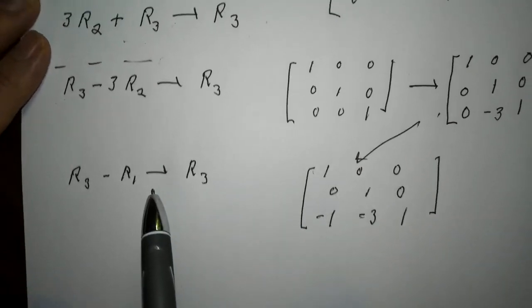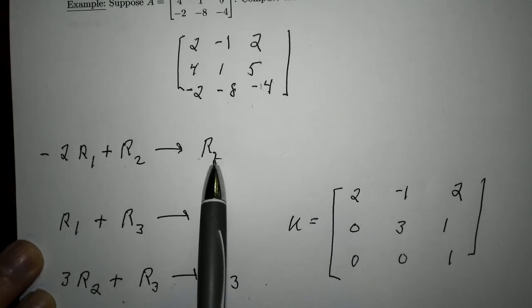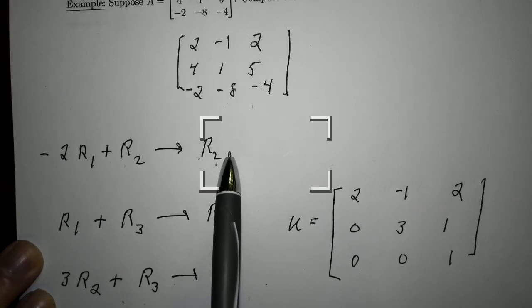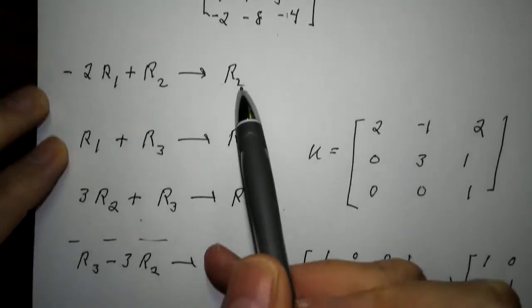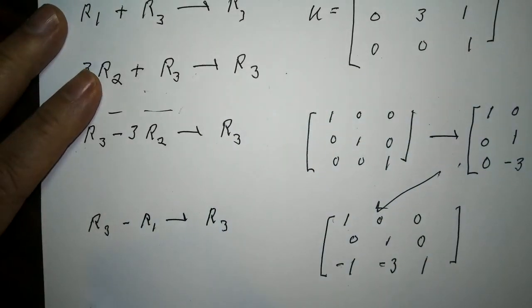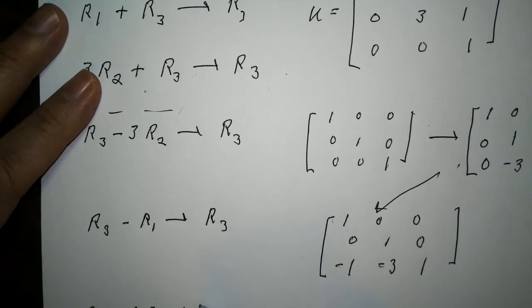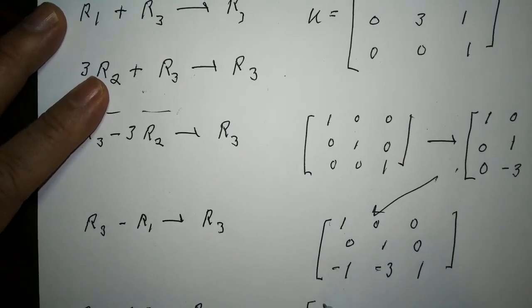The last row operation would be the reverse operation of this, which would be R2 plus 2R1 goes to R2. That's going to give us this matrix.